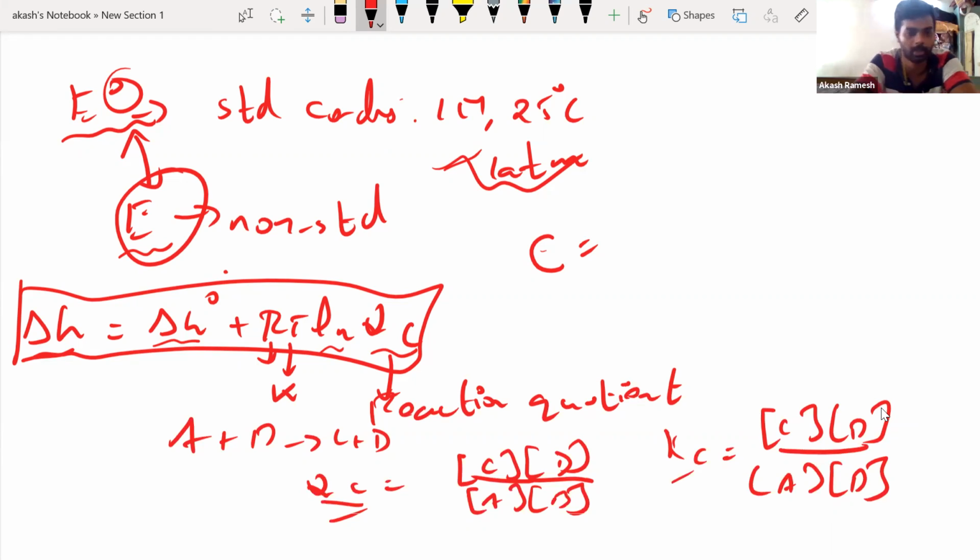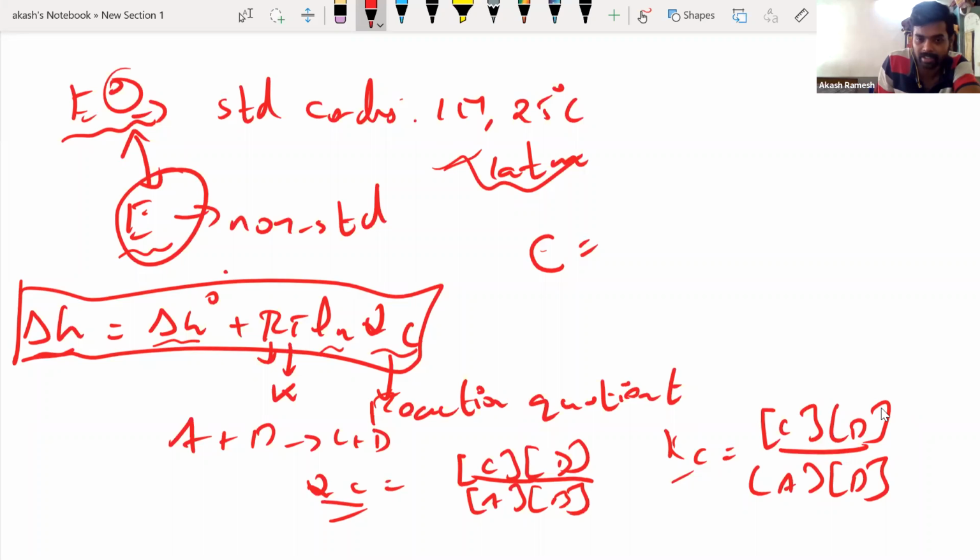QC determines the direction of the reaction, based on KC. Based on whether QC is greater than KC or less than KC, I will be able to tell whether it is going to move in the forward or reverse direction.